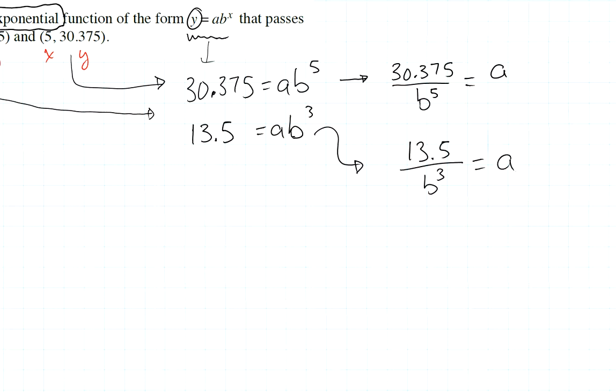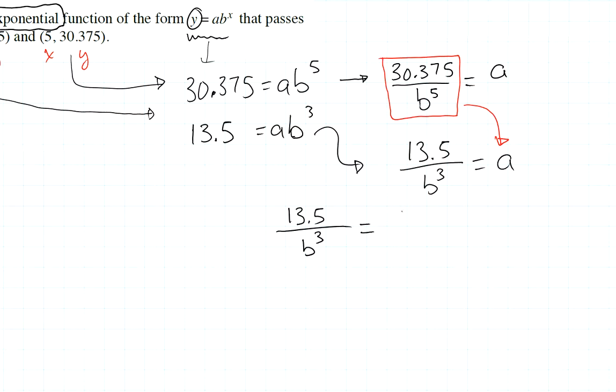So we're going to use substitution. We're going to take this value of a and plug it into the other equation. If you look at this bottom equation, I'm going to rewrite it. My left-hand side is 13.5 divided by b to the 3rd, and that will equal, now instead of writing a, I'm going to write what a is from the top equation.